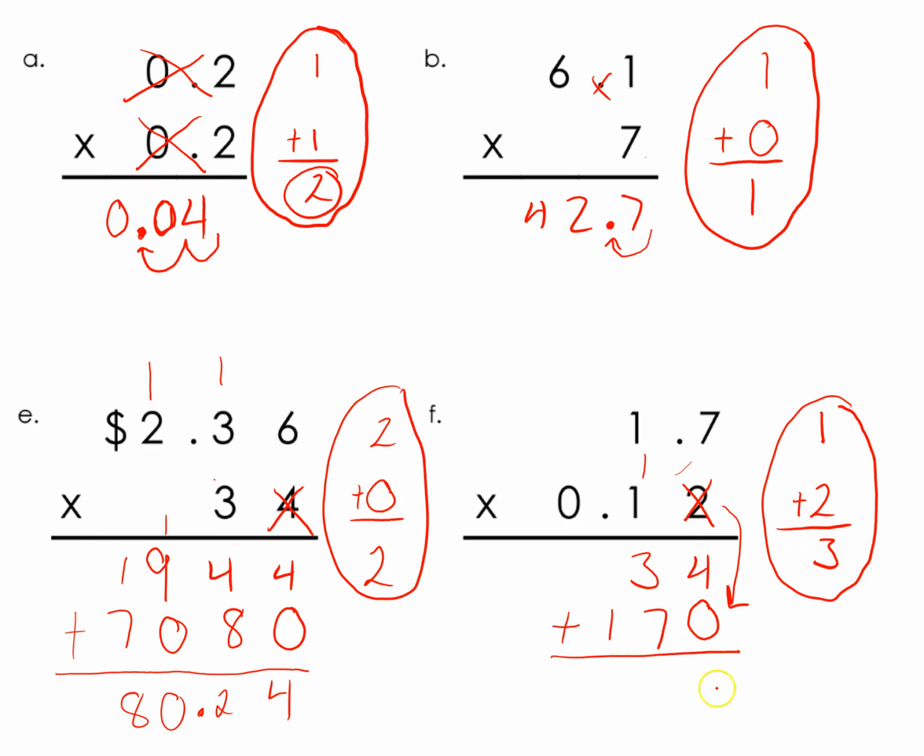Add that all up. 4, 10, carrying my 1, 2. And then I have to move my decimal over 3 spots. So 1, 2, 3. So this becomes 0.204, and it's read as 204 thousandths.